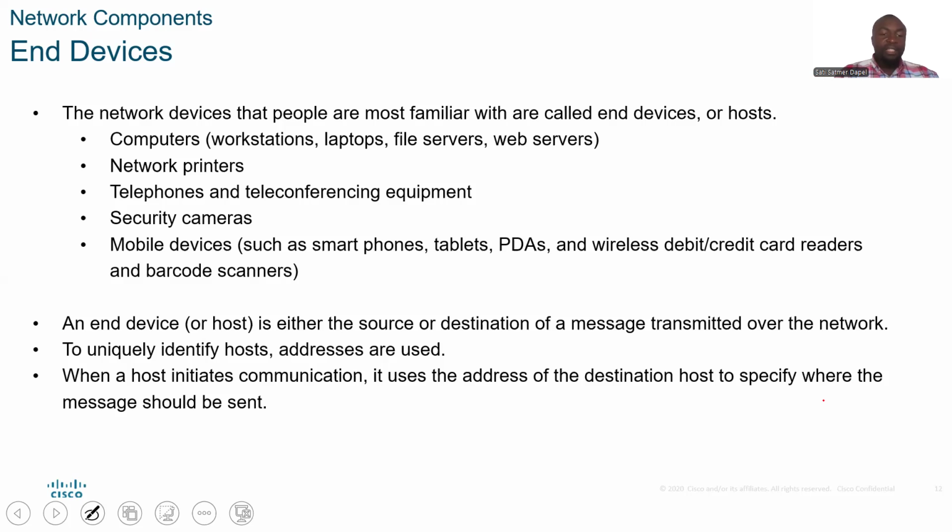So an end device or host is either the source or destination of a message transmitted over a network. To uniquely identify a host, addresses are used. It's like when you go to the university, they will give you what they call a matriculation number. That matriculation number is a unique number that only identifies you.